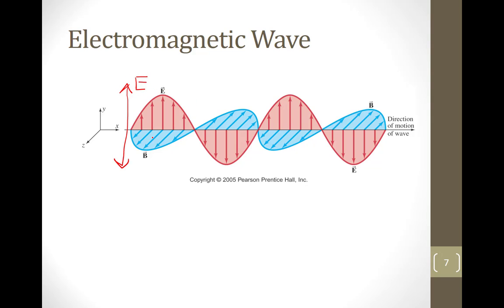The magnetic field is in blue, and it is also oscillating, but instead of oscillating in this weird diagonal, what they're trying to illustrate is that it is coming into and out of the page at you. And all the while that all this is happening, the wave is propagating in a third direction. So the direction of propagation is perpendicular to the electric field, which is perpendicular to the magnetic field, and all three things are perpendicular to each other.